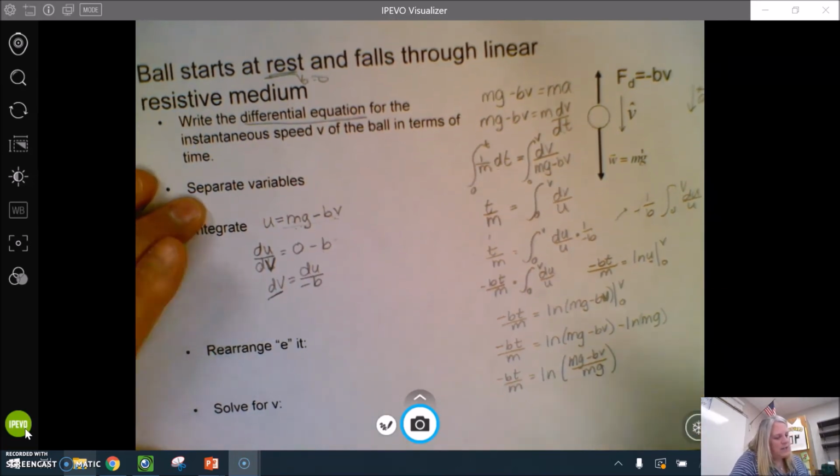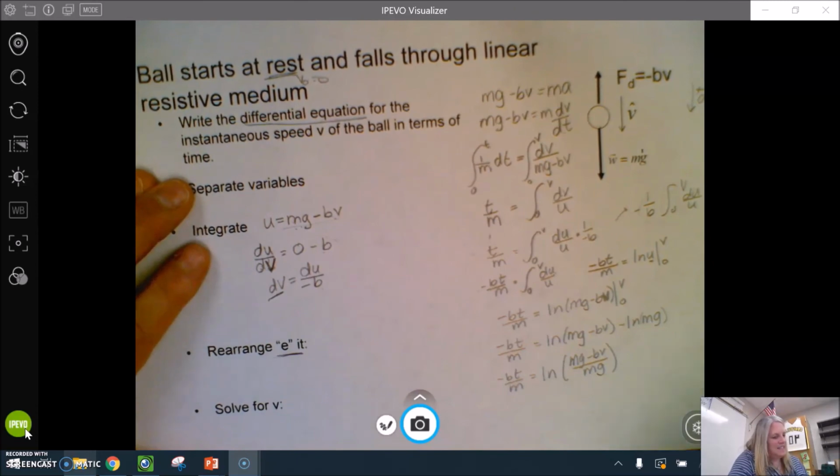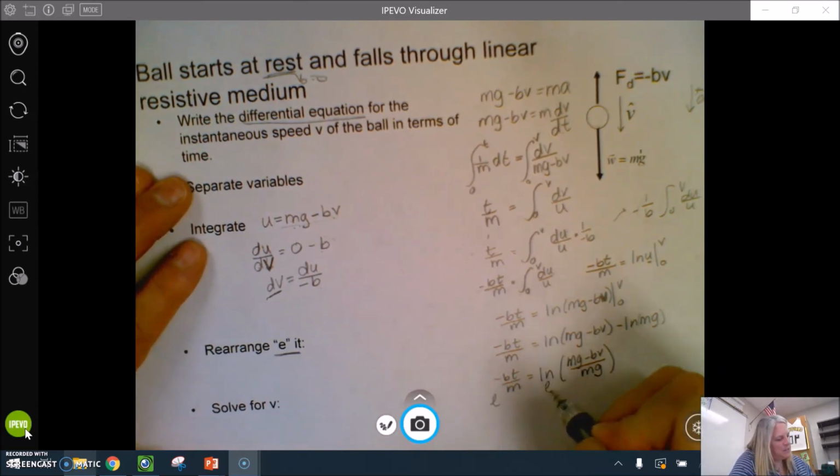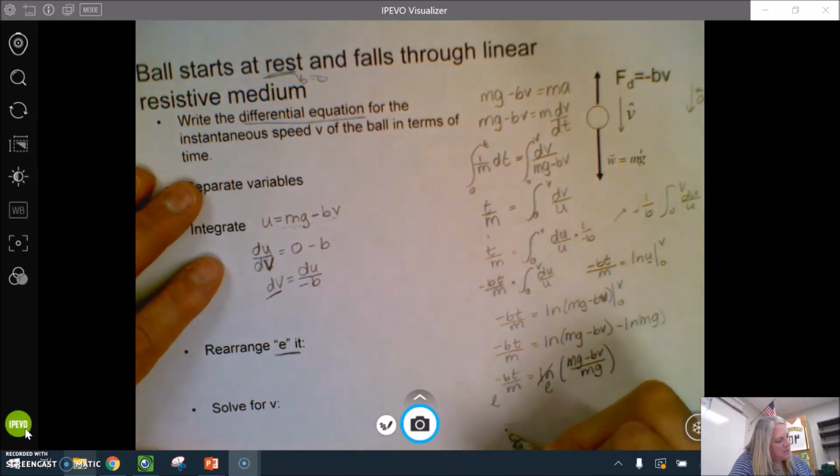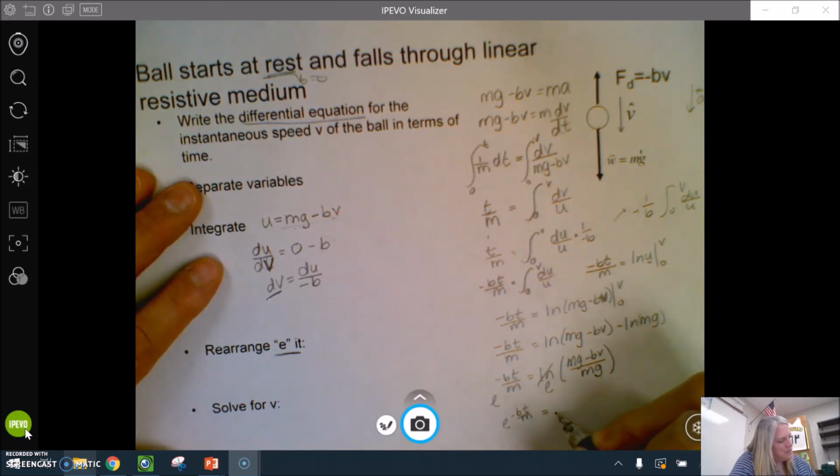Coolio. Well, now we're going to do the whole e-it. We're going to put an e on both sides, and that gets rid of the natural log. And so now we have e to the negative bt over m is equal to mg minus bv over mg.